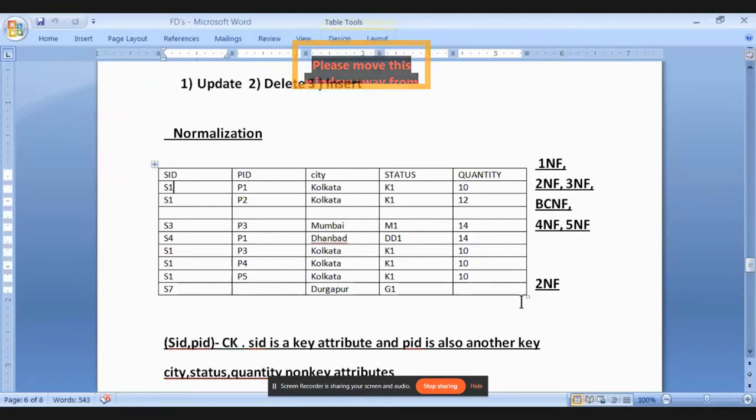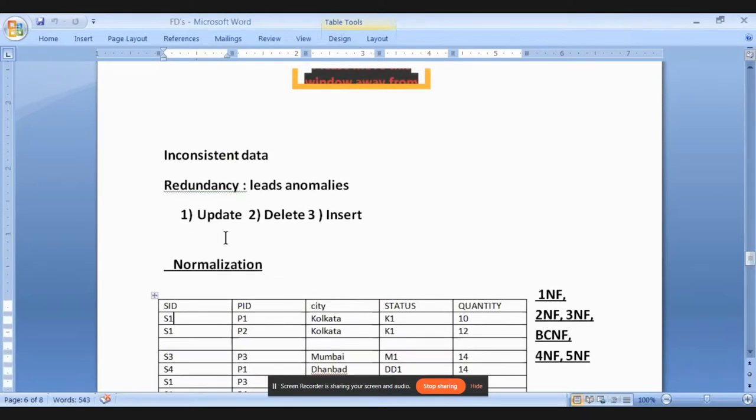So we say it is an atomic value since every cell value is atomic. So the table was in 1NF. But though the table was in 1NF, we had seen that a lot of redundancy was there, which led to update anomaly, delete anomaly, and insert anomaly.